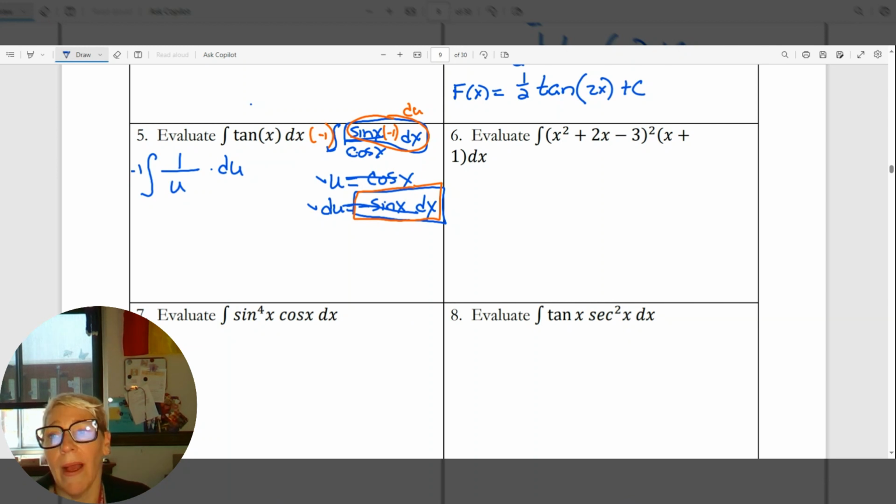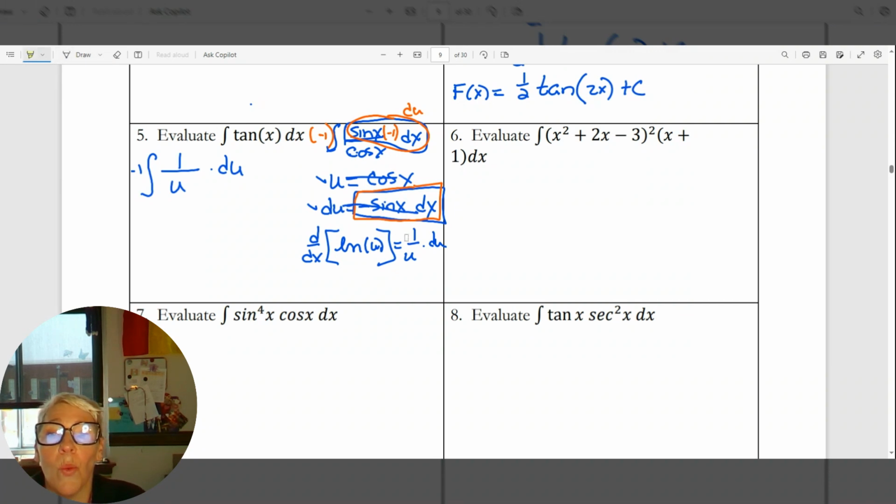This is why I started our topic in the last video with this integral. What antiderivative is 1 over u du? Well, remember where we started the last video. If I take the derivative of the ln of u, I get 1 over u times du.